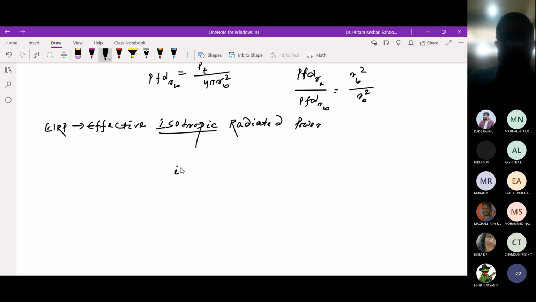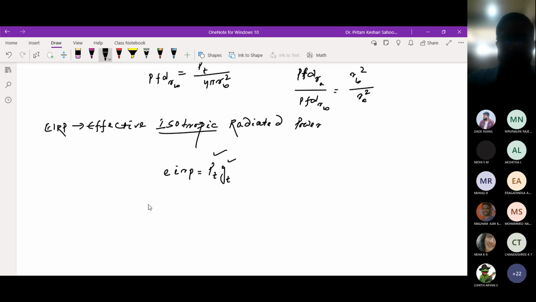EIRP can be defined as PT multiplied by GT, where PT is the transmitted power and GT is the transmitter antenna gain.